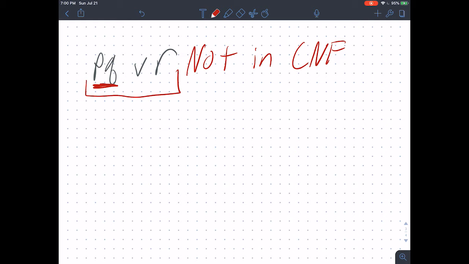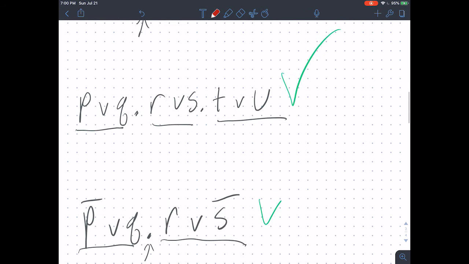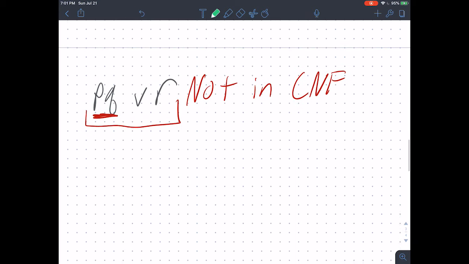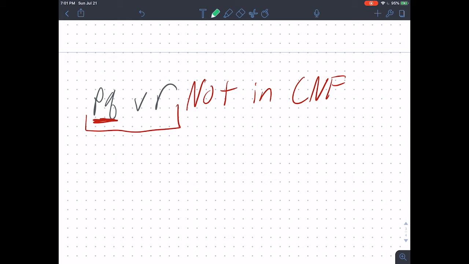So what we'd have to do to get this one into CNF is to distribute it using one of our distributivity laws, right? But look at the difference between this and, say, these. Remember, single letters. That's important. A schema is not in CNF if the components of the alternation are not just single letters.